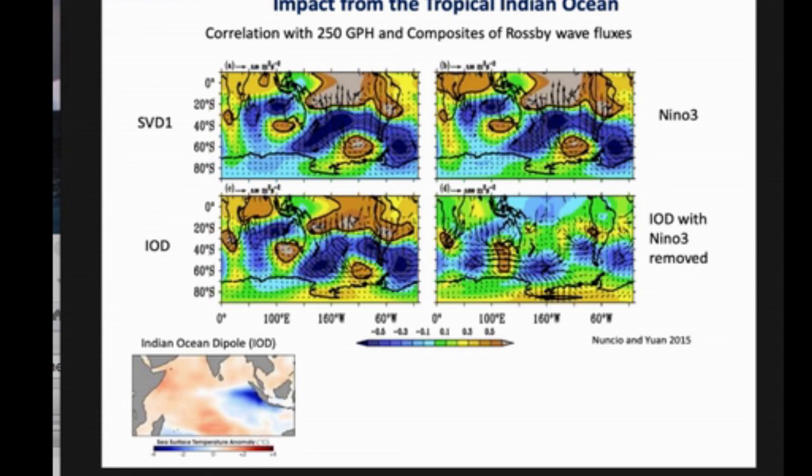So we do see the large signal is all pulled out in the tropical, in the Western Hemisphere here in the Amundsen Sea Low, which is the dominant signal from ENSO events. So we like to do a partial correlation with IOD, correlate all these fields with IOD with the Nino 3 removed.